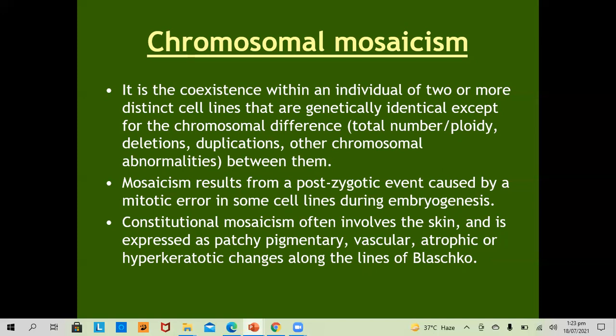The mosaicism results from post-zygotic events caused by a mitotic error in some cell line during embryogenesis. The constitutional mosaicism often involves the skin and is expressed as patchy pigmentation, vascular, atrophic, or hyperkeratotic changes along the line of Blaschko.